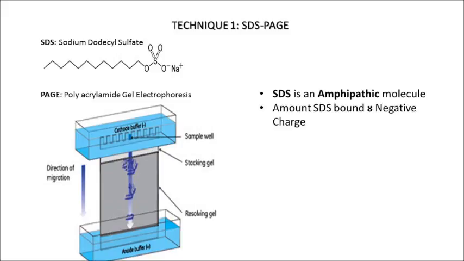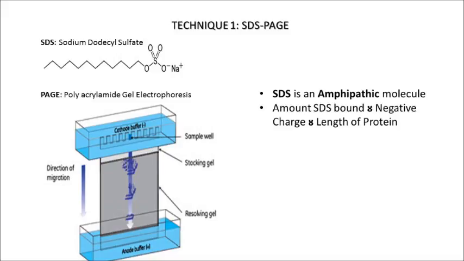So more SDS will be bound, meaning there'll be more negative charge on the protein because of the sulfate head group as well. And that indicates the length of the protein is longer and the molecular mass of the protein is more. These are key things that I picked up in my cell bio class. My professor was on about that, so maybe yours might.